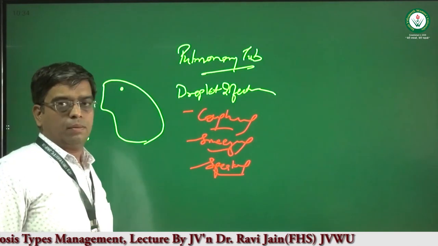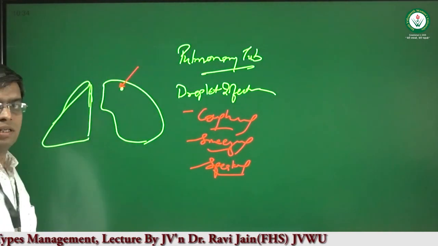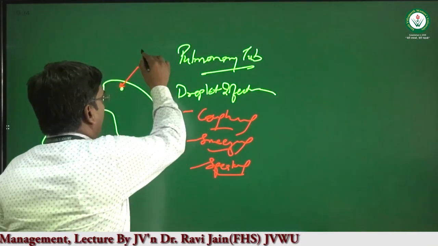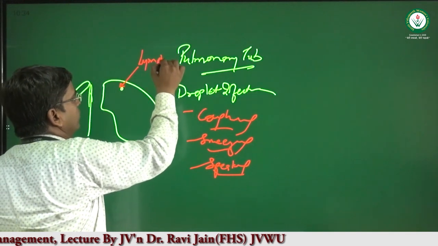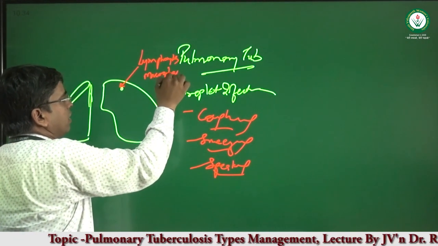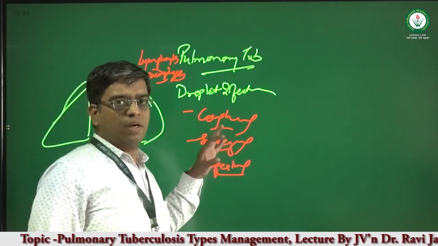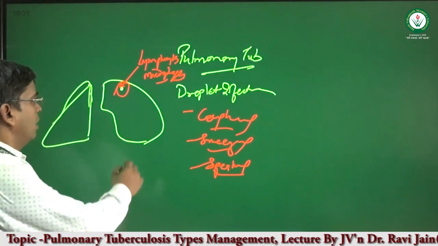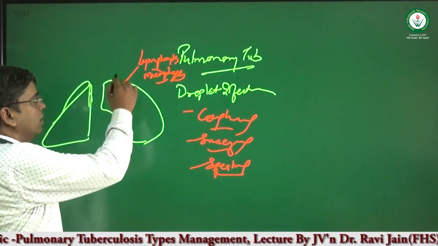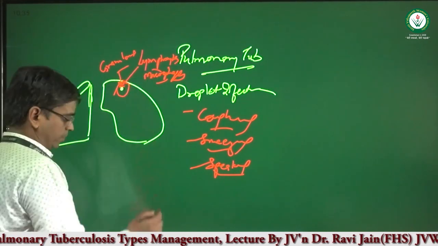So this Mycobacterium tuberculosis lodges in the lungs, and whenever it comes in the lungs, it starts the inflammatory response. Various lymphocytes and macrophages come in contact with this Mycobacterium tuberculosis to stop its spread. When the lymphocytes and macrophages come in, this leads to the formation of a granuloma.